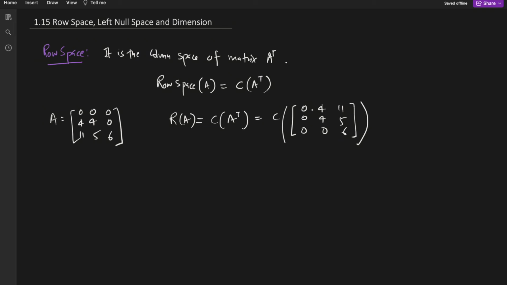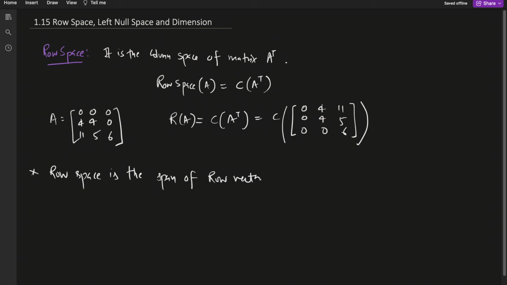In the case of A transpose, the column vectors are nothing but the row vectors of the original matrix A. So we can also say that row space is the span of row vectors of the matrix.